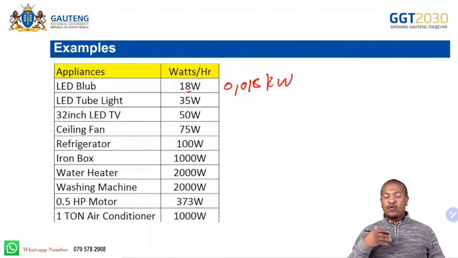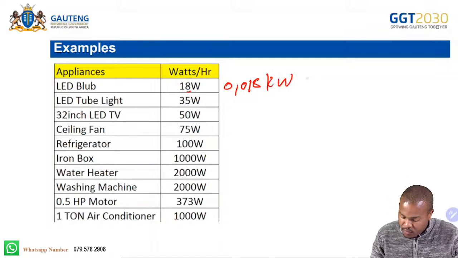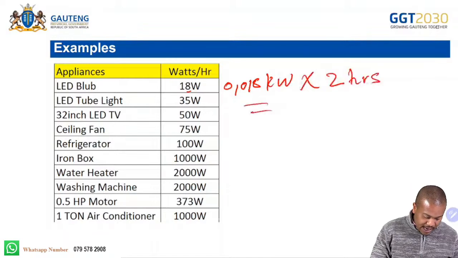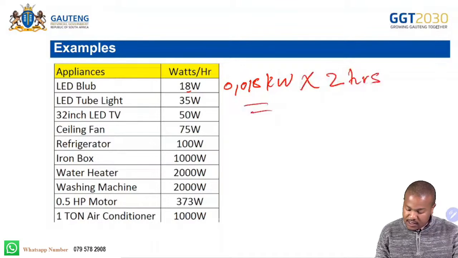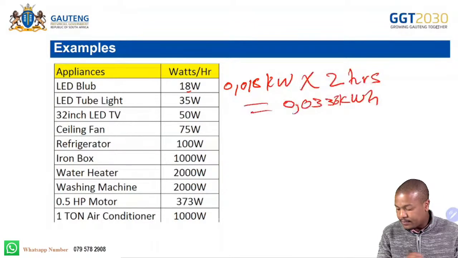So if we have used this LED light bulb for 2 hours, we're going to multiply it by 2 hours. So multiplied by 2, it will give us 0.036 kilowatt hours, right?